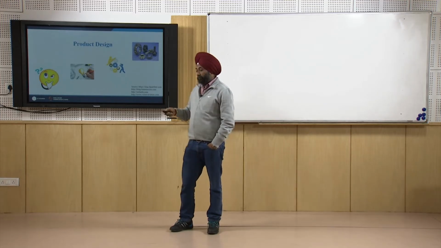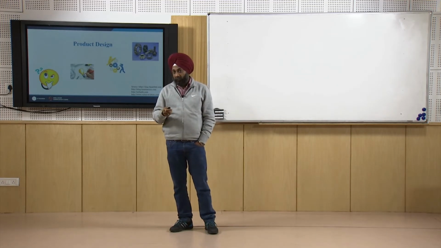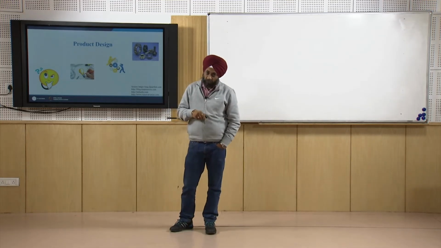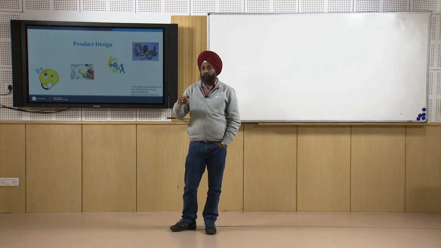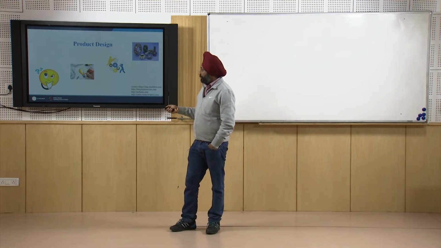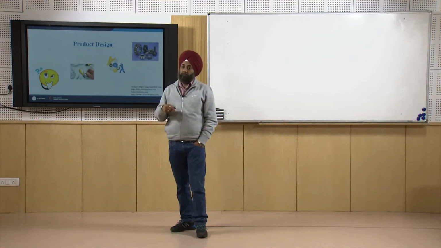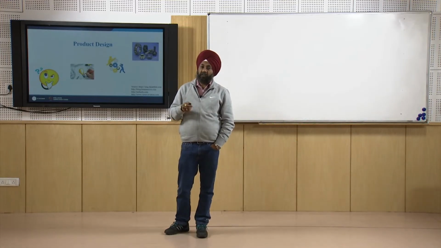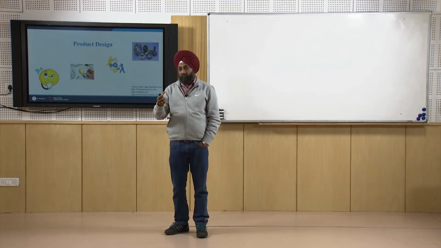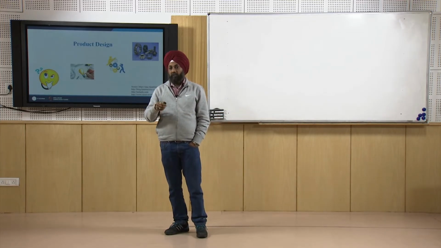So product design, to revise, is the culmination of ideas into a tangible product, or products in their physical form. You may have an idea and it may lead to a product. Similarly, the products may not be tangible or physical in nature. Sometimes you have a product which is software, or a mobile app.